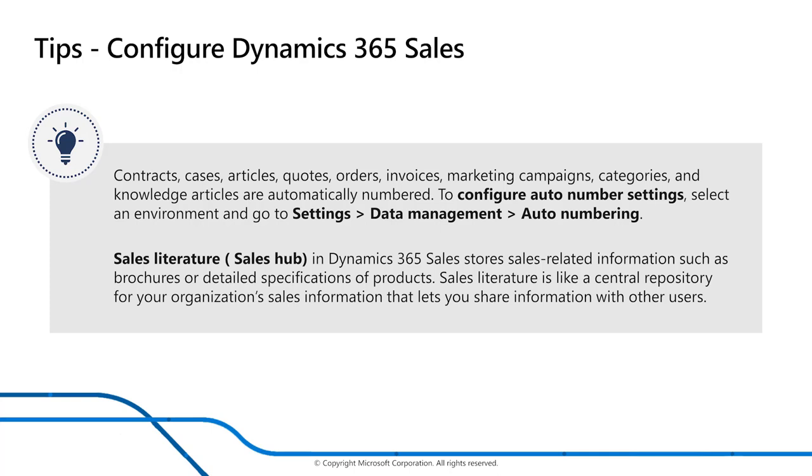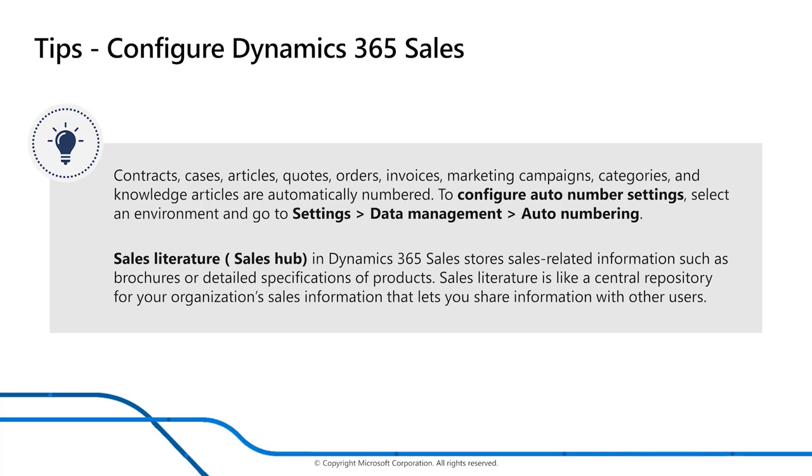So again, moving forward, looking at our sales literature. Now, this is through the Sales Hub. Dynamics 365 is broken up into multiple applications, or multiple modules, I should say, and we're concentrating on the sales process at this point in time. Sales literature in Dynamics 365 Sales stores information such as your brochures, a spec sheet about your products, or a detailed specification of products.